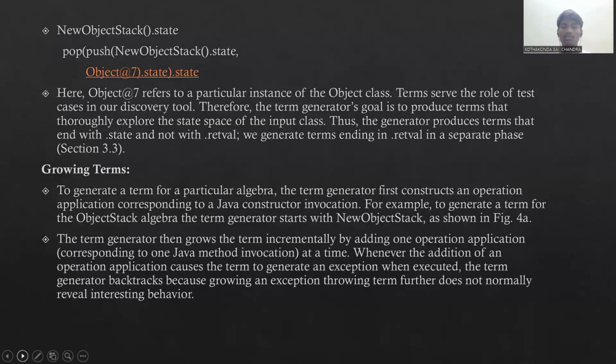The term generator then grows the term incrementally by adding one operation application, one Java method invocation, at a time. Whenever the addition of an operation application causes the term to generate an exception when executed, the term generator backtracks, because growing an exception-throwing term further does not normally reveal interesting behavior.